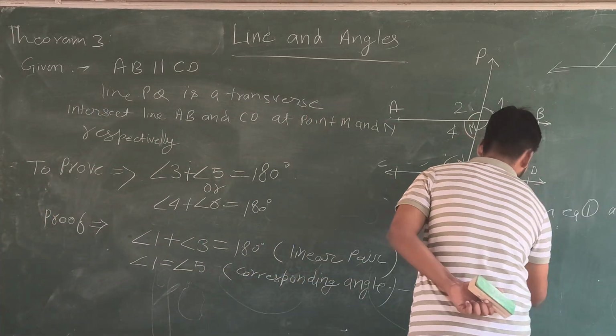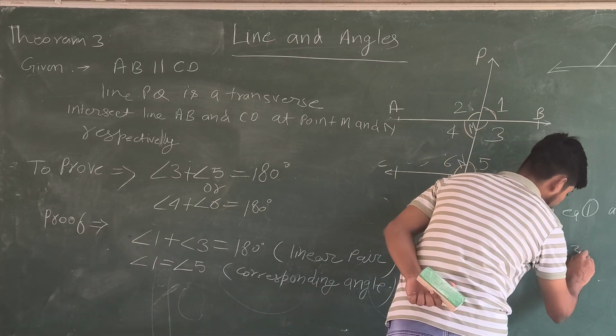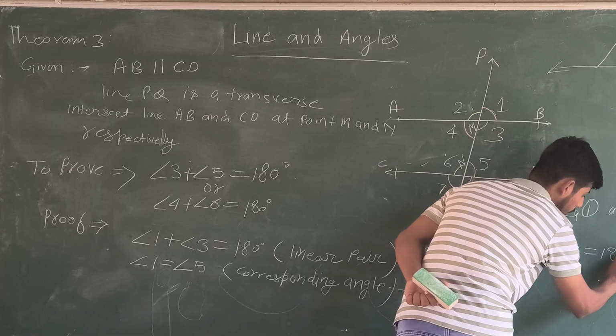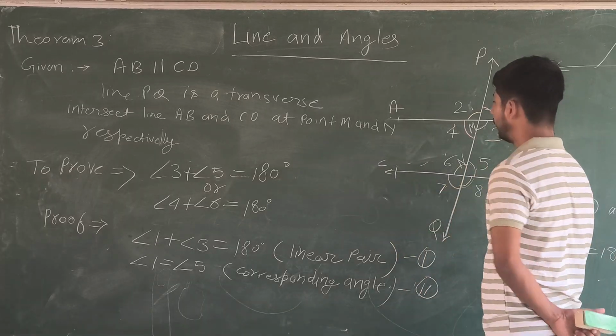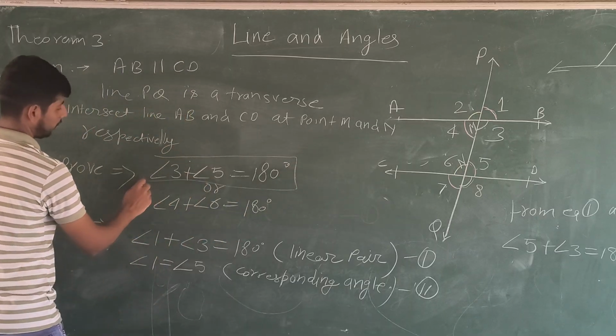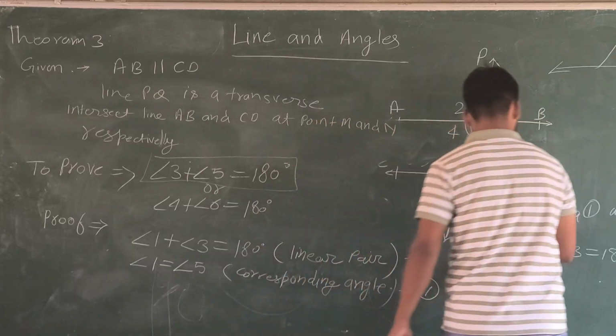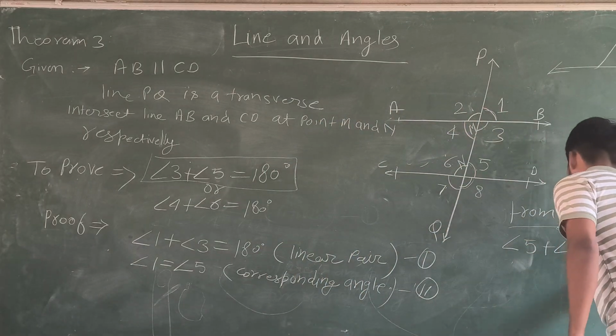So angle 5 plus angle 3 is equal to 180 degrees, and this we have to prove. We have to prove that angle 3 plus angle 5 is equal to 180 degrees, and we already got it.